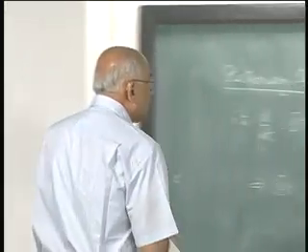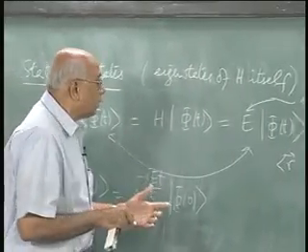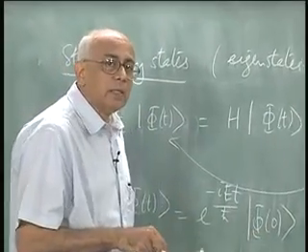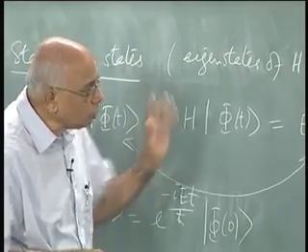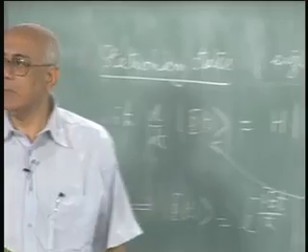So you exploit the fact that the Hamiltonian plays a very special role. It is the generator of time translations for the system. So it is not surprising that the time dependence of its eigenstates is particularly simple, and that is used to put in the time dependence of a general state out there.